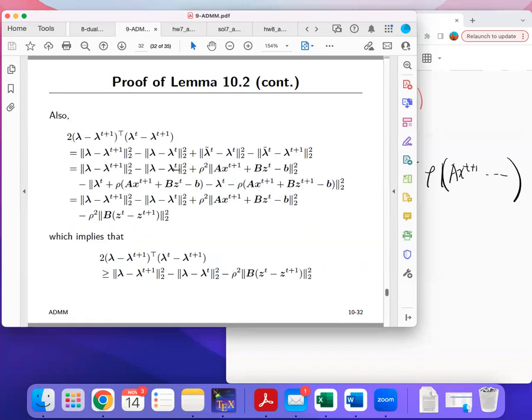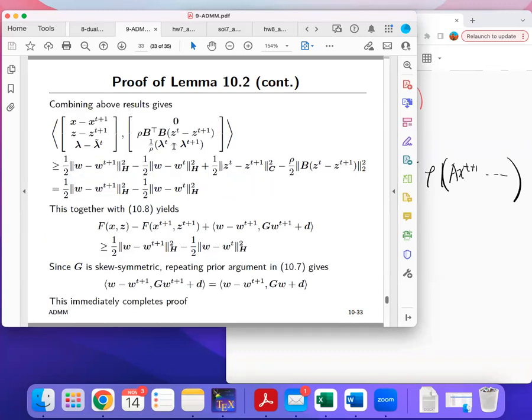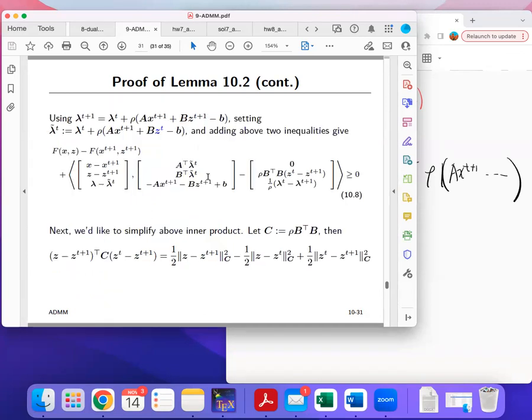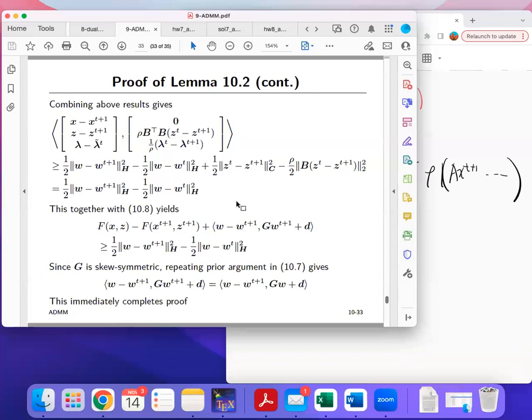That will lead to this term. Right. So you put all these terms together, and for the rest of the terms, you move them to the right-hand side. You can get this result. And this one together with the previous result, putting things together, going back to 10.8, now this big inner product is lower bounded by the difference of these two terms. So we end up with this key lemma.